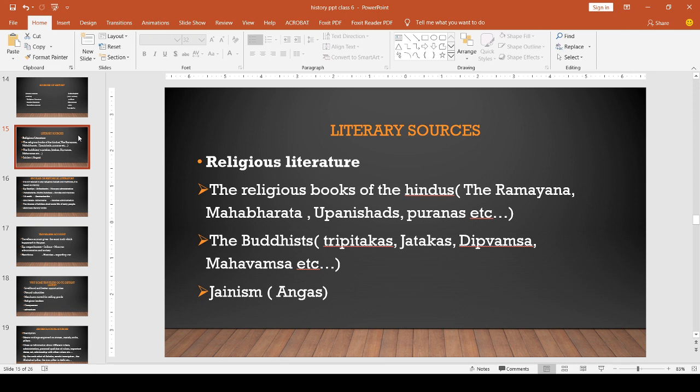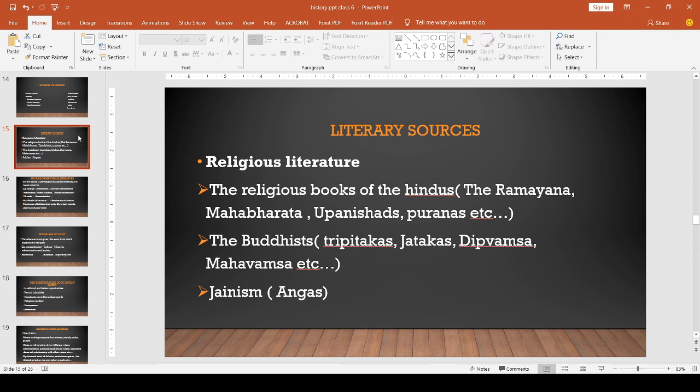And another religion, Jainism. Their religious book is the Angas. Through these religious books, they throw light on the social, political, religious, and economic life of the people of ancient India.